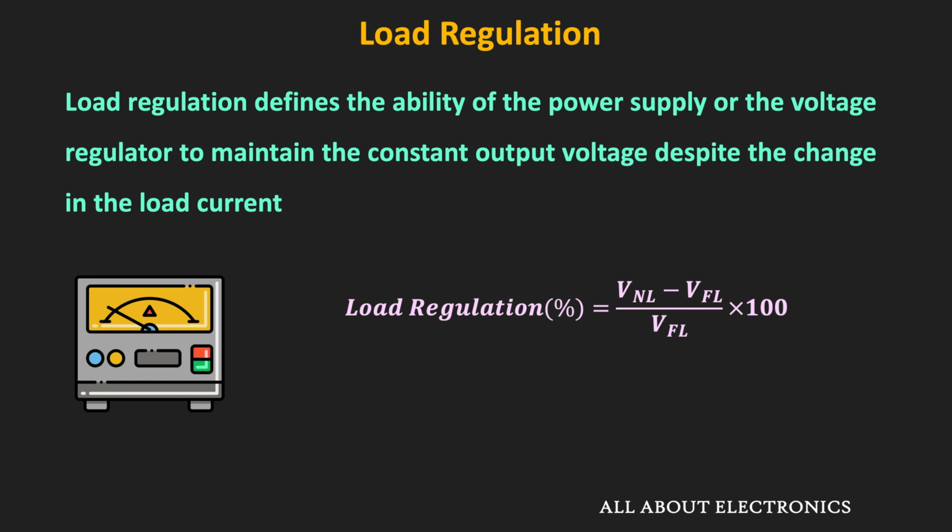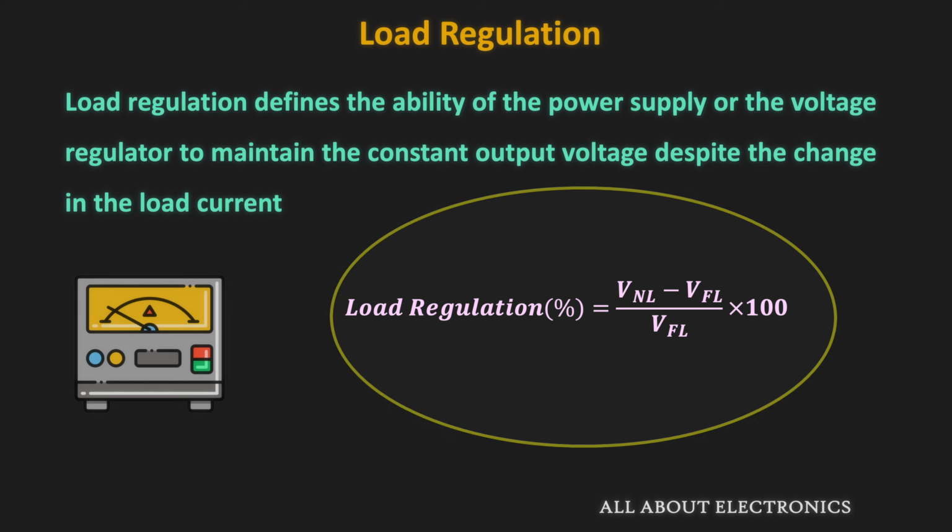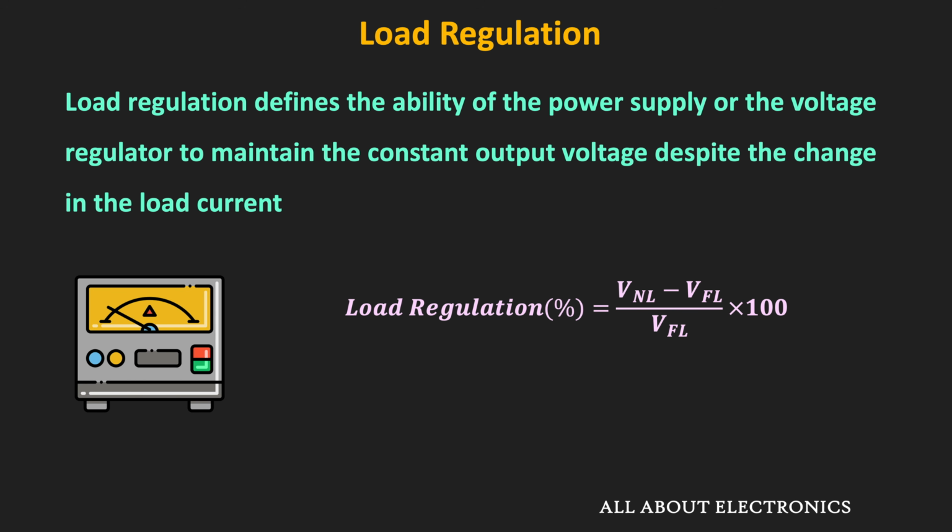So here, this VNL is the no load voltage of the power supply when the current through the power supply is minimum. And similarly, this VFL is the full load voltage of the power supply when the current through the power supply is maximum. So for any good power supply or voltage regulator, the value of this load regulation should be as minimum as possible.